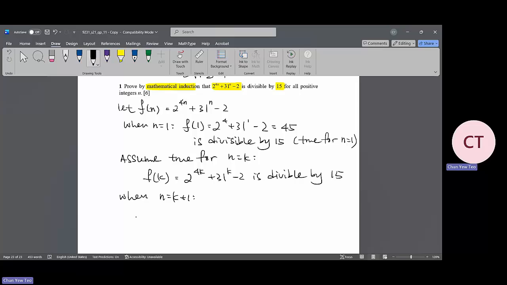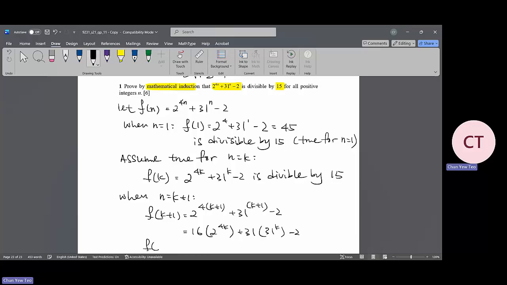So what you can do is that, first of all, we find Fk plus 1. Fk plus 1 is 2 to the power of 4k plus 1 plus 31 to the power k plus 1 minus 2. Okay, so you can write it as 16 multiplied by 2 to the power 4k plus 31 multiplied by 31 to the power k minus 2.